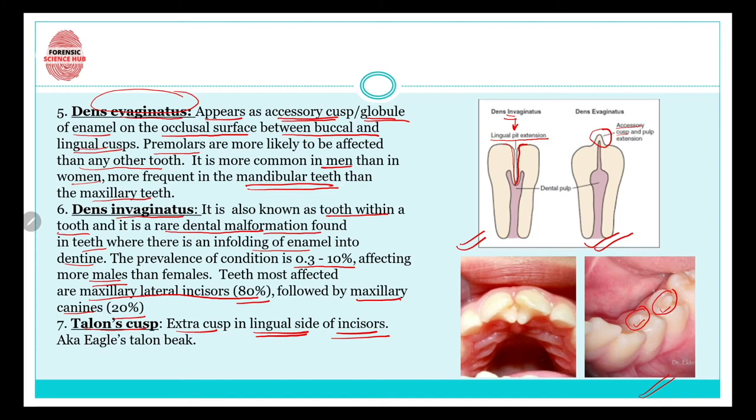Labial side means the side that your lips are normally touching. So extra cusp is found in the lingual side of the incisors, and talon cusp. You can see that in this picture here. These two are the talon cusp. It is also known as eagle's cusp or eagle's talon beak.